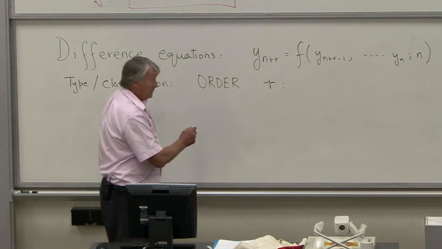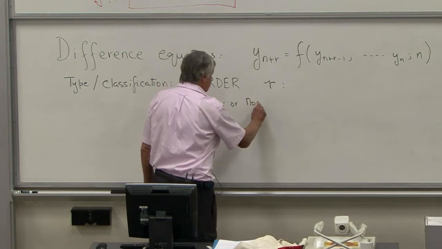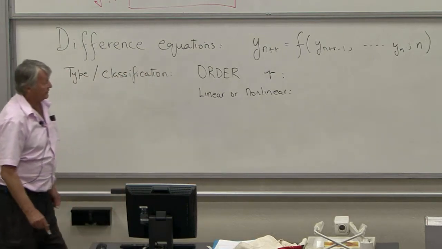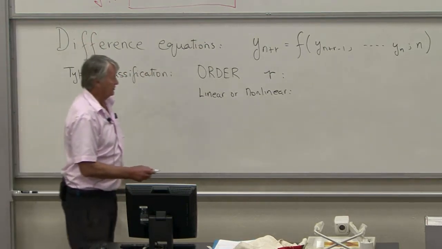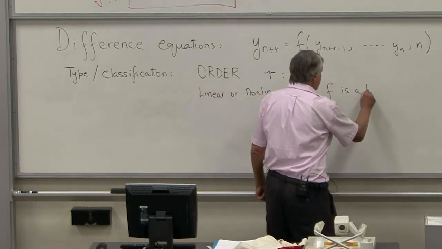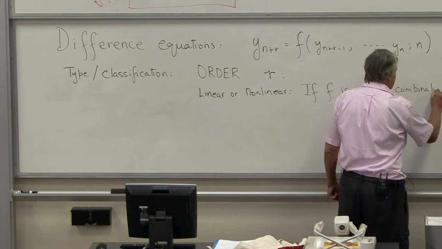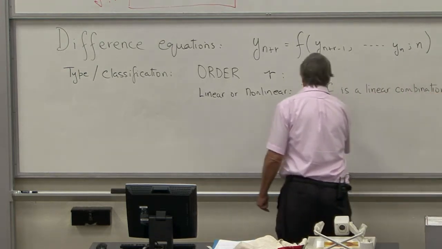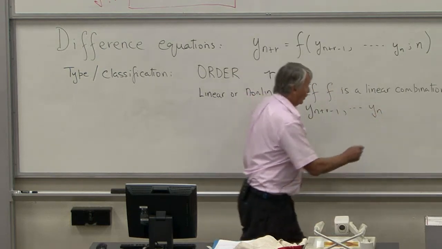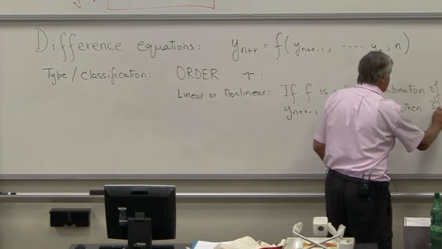Then we ask, is it linear or nonlinear? The definition is exactly the same as for differential equations. If f is a linear combination of yn plus r minus 1 all the way down to yn, and 1, then 3, 4 is linear.